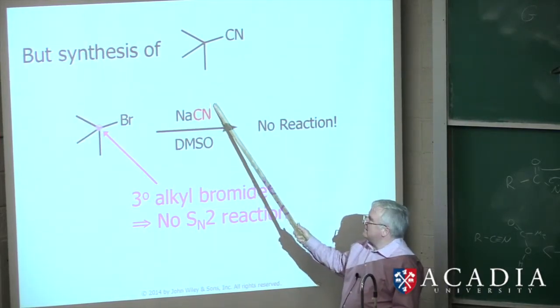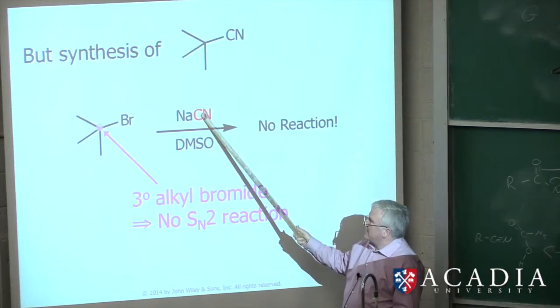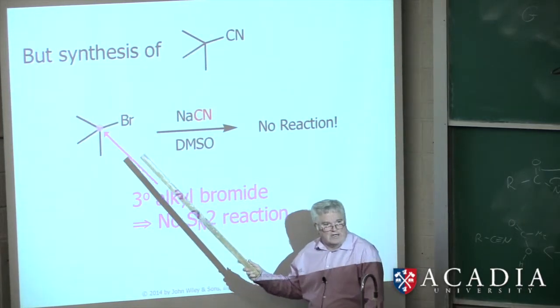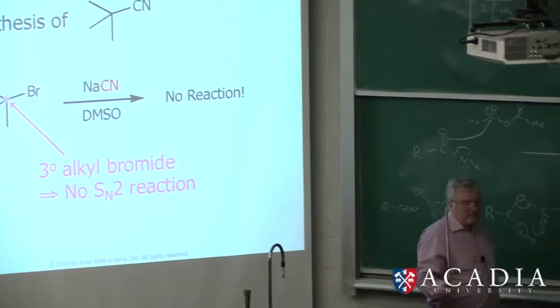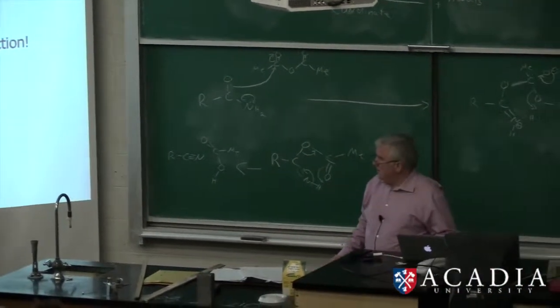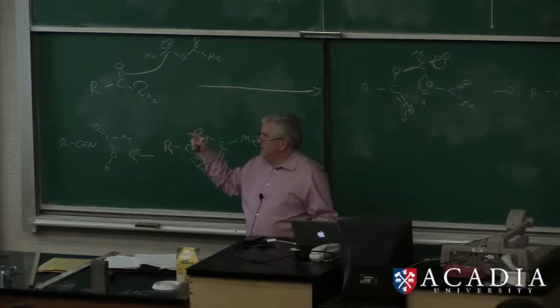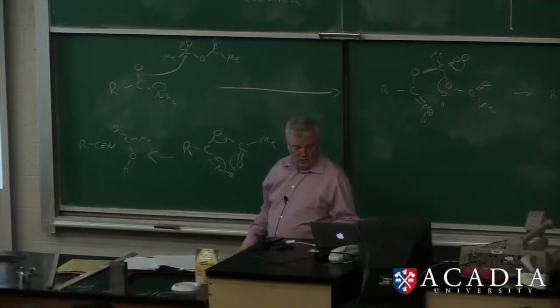What ends up happening is this thing actually ends up acting more like a base and favoring elimination reactions. So it's difficult to make tertiary nitriles through the substitution using sodium cyanide.